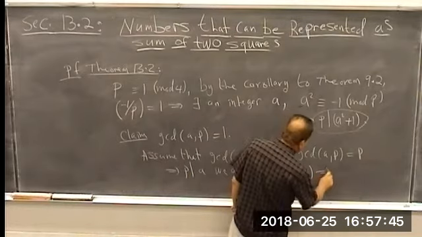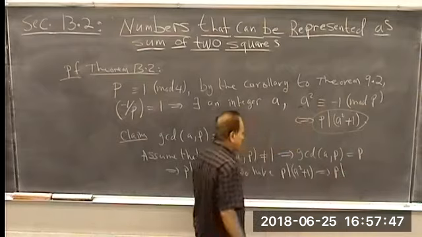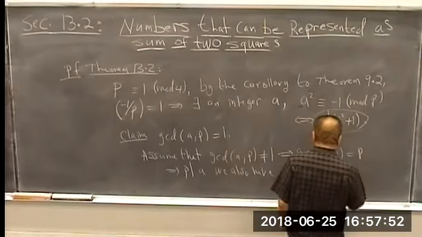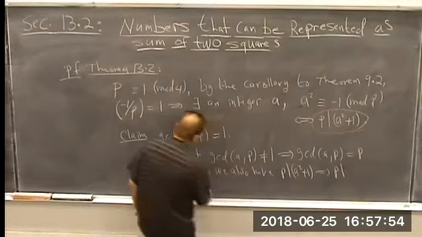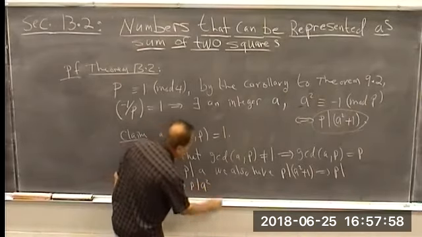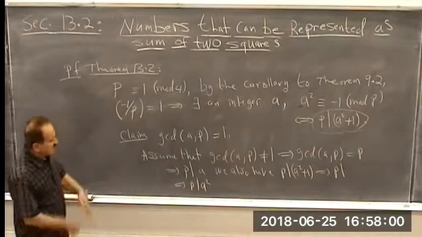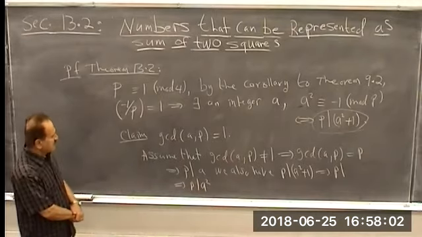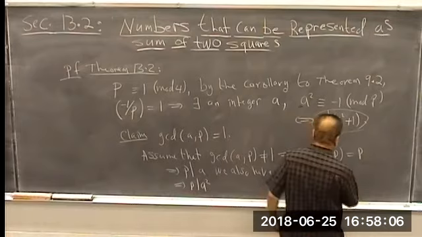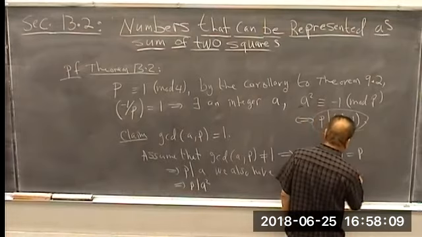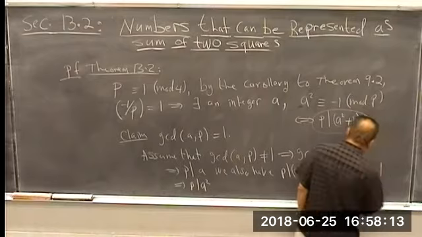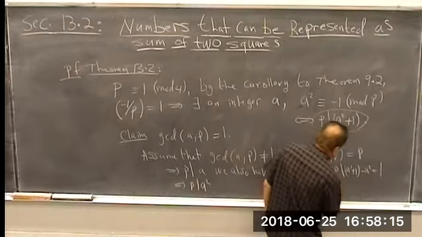All right? If p divides a, then p definitely divides a squared. Now we take the combination of these, a squared plus 1 minus a squared, which is equal to 1, but this is a contradiction, okay?